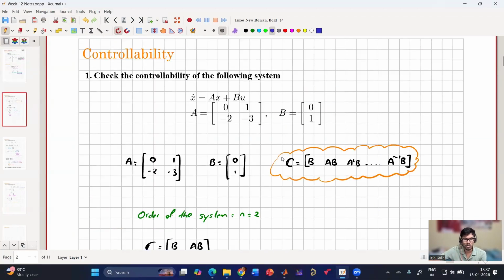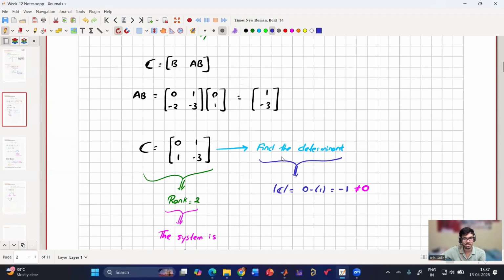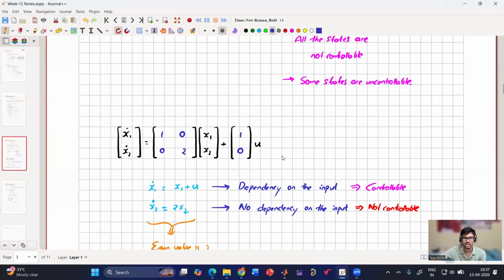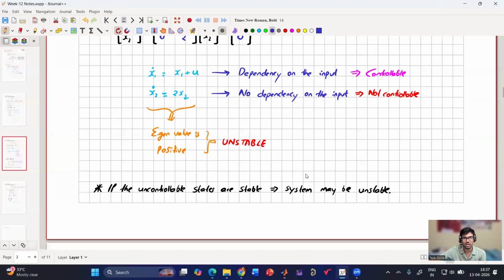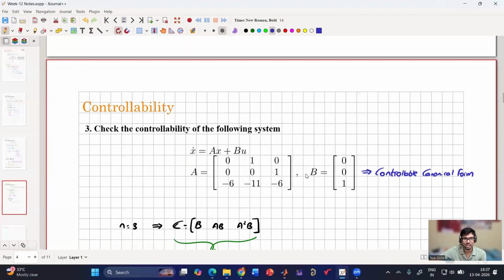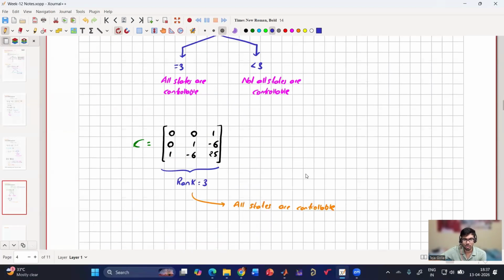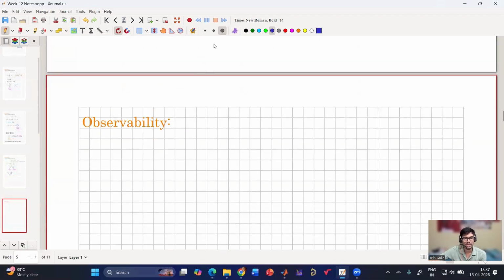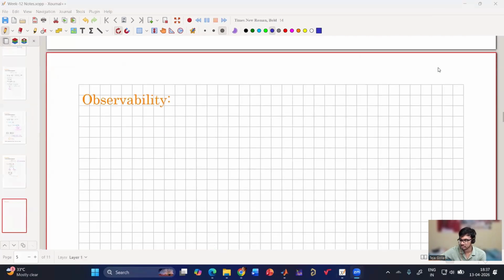We have solved a couple of problems: one second order system which is controllable, another second order system which is not fully controllable, where we saw which state is controllable and which is not. In the third problem, we saw a third order system where all states are controllable because the rank is 3. So if you have any doubts, you can ask, else we'll move to the next topic, which is observability.